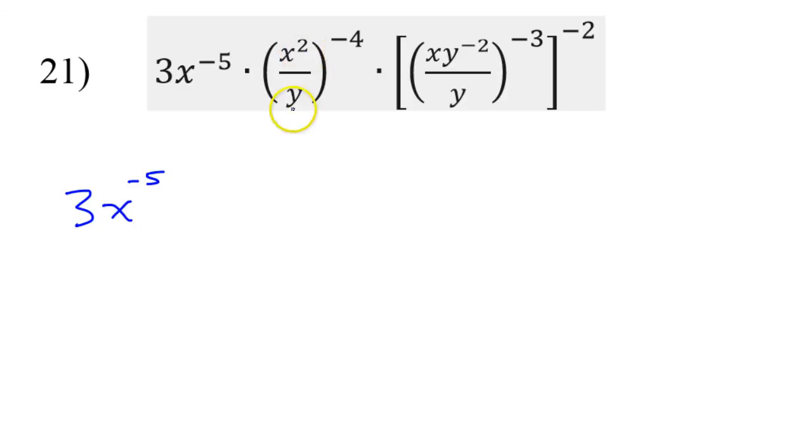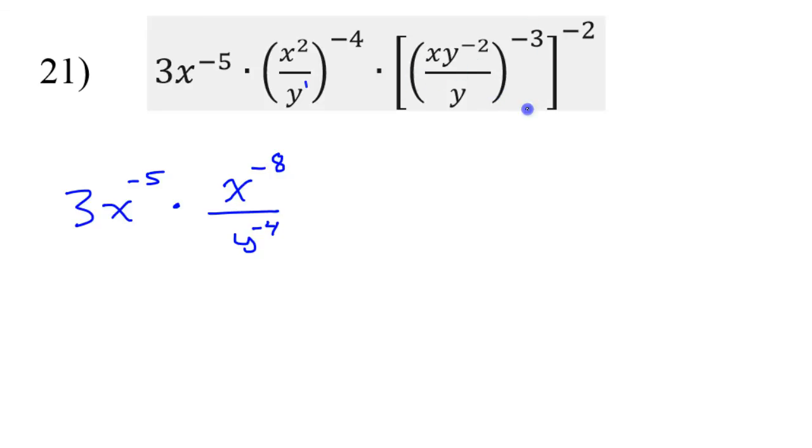There are a couple different ways to do this, but one way is just to go ahead and multiply both of these exponents by the negative 4. So that would give me x to the negative 8 power over y to the negative 4 power. Now here I've got parentheses and a bracket.